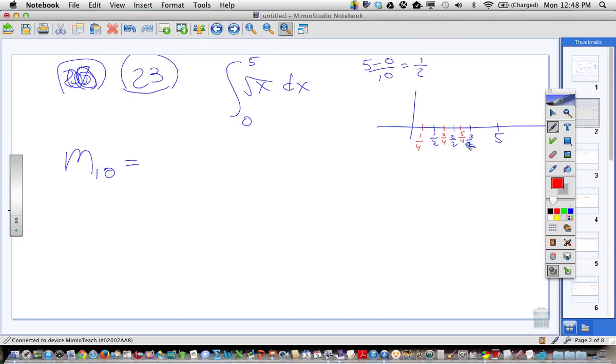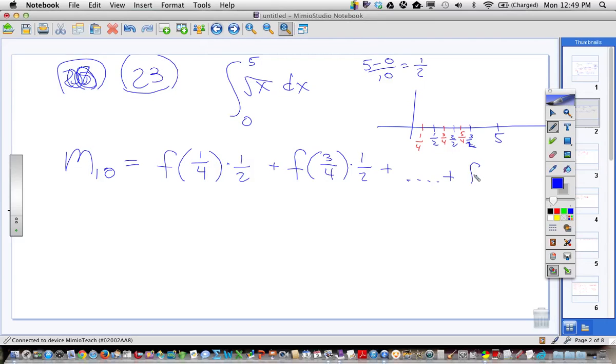So now when I write this out, my first midpoint height would be at f of 1/4 times 1/2 plus f of 3/4 times 1/2, and we get the pattern. Then it's going to go 5, then it's going to go 7.